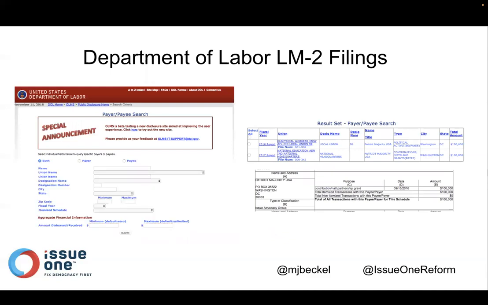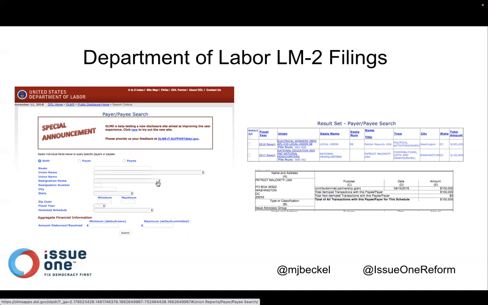Labor unions, as I mentioned, have very detailed reports that they have to file once a year with the Department of Labor called LM2 filings. And again, they have a payee search. So you can type in the name of a particular entity, a particular dark money group that you're interested in.